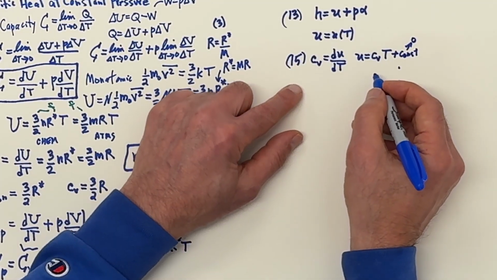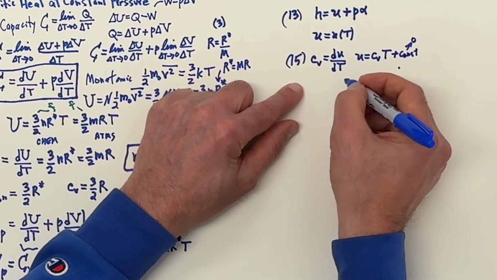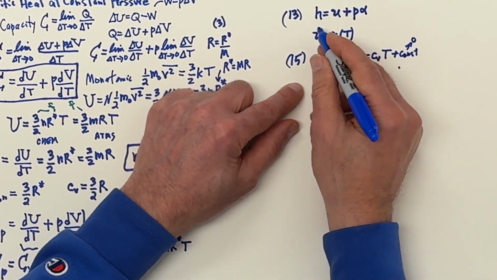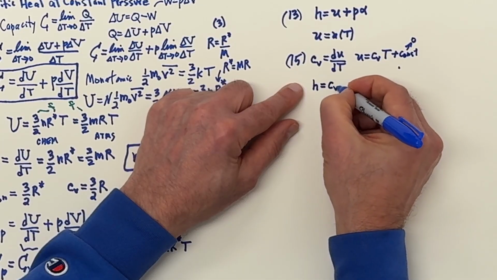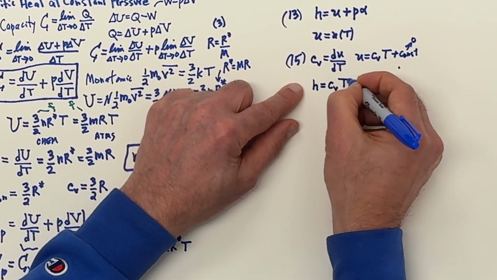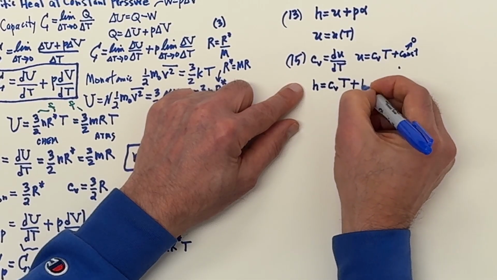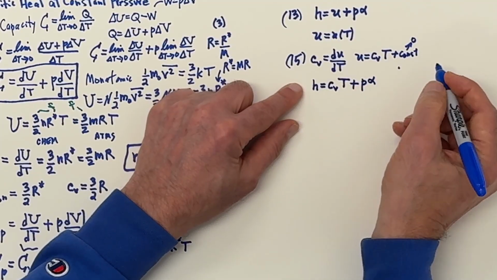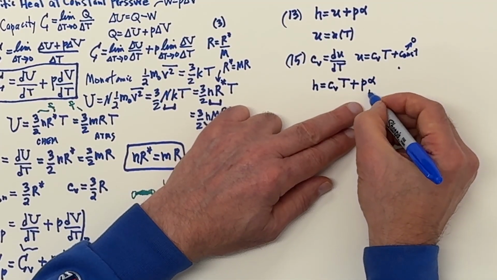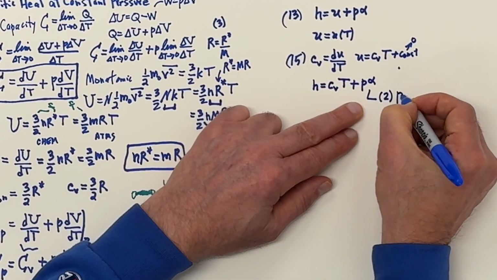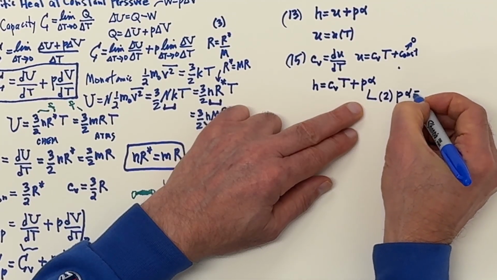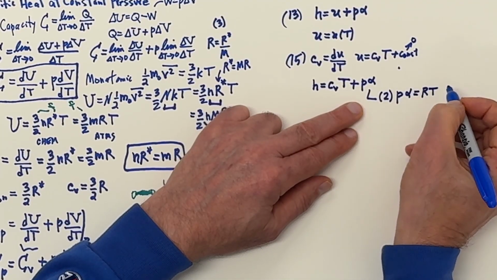But I want to do an analogy with the enthalpy, because with the enthalpy here, we can write the enthalpy then, watch this, as C_V T plus P alpha. And then equation 2 in our class, we can write the ideal gas law as P alpha is RT.